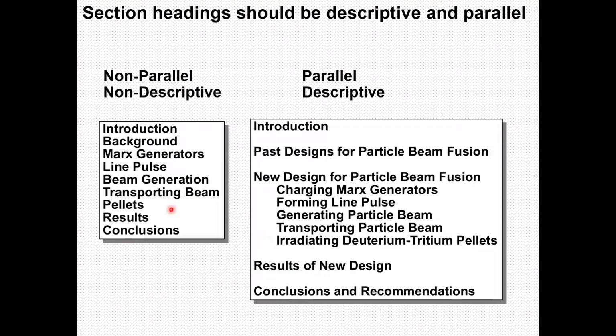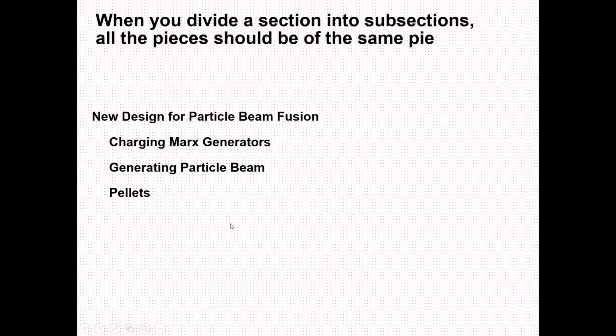Here we have just journal information or journal descriptions. And then we have conclusions and recommendations. So this is a good example of a parallel and descriptive type of heading. You should differentiate between these two.